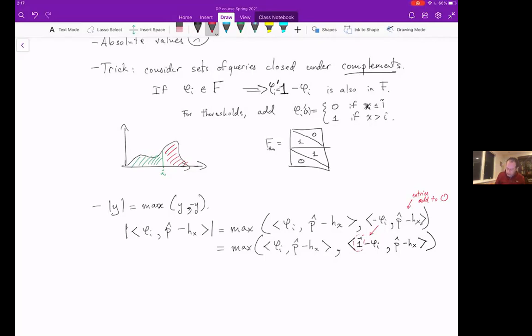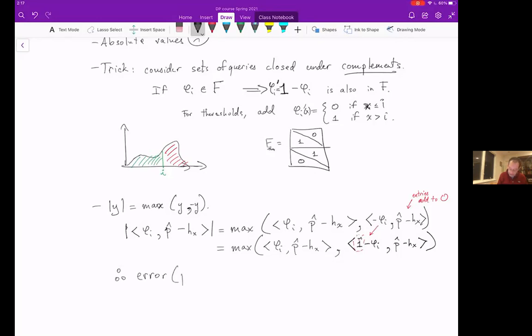So putting the all ones vector out front doesn't change the inner product, because I'm adding something whose inner product with p hat minus h is 0. This is just a little rewriting of the algebra so that we can simplify our expression for the error, and that's going to be really useful for us.